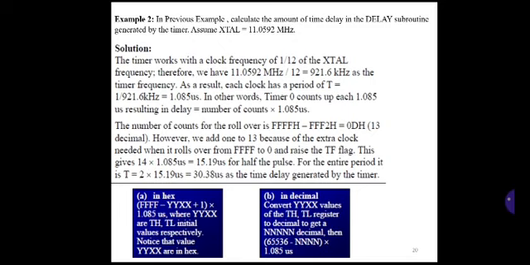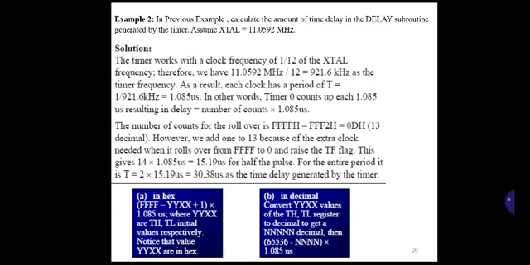The timer works with a clock frequency of 1/12 of the crystal frequency. Remember, the timer always works with 1/12 of the crystal frequency. Therefore, we have the frequency 11.0592 megahertz, which should be divided by 12. When you do this, you get 921.6 kilohertz as the timer frequency.